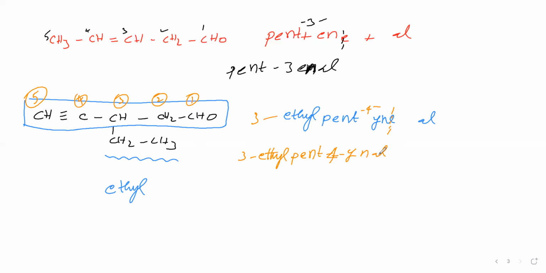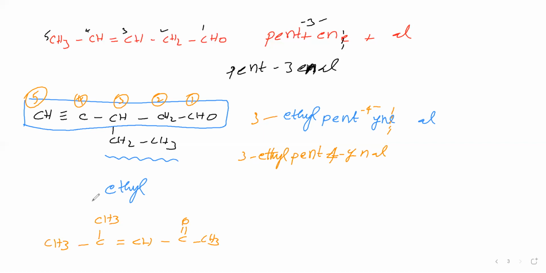Next compound we will take. Next compound is CH3, CH3, =CH, CO, CH3. We will take this compound. Here ketone and double bond are there. We know that ketone is the main functional group.